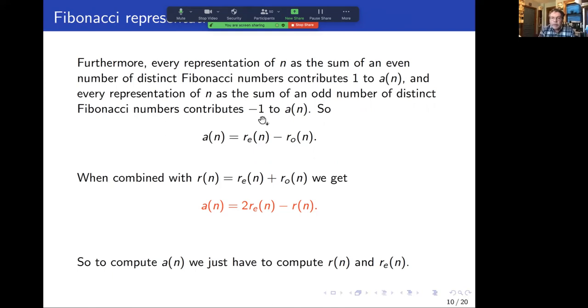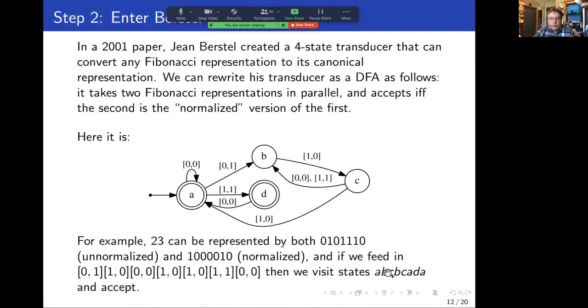So that'll contribute a -1. So A of n is just Re of n minus Ro of n. And now we just combine it with what we previously saw, and we get A of n is 2 Re of n minus R of n. So to compute A of n, we just have to compute these two things: the number of representations of n as a sum of distinct Fibonacci numbers, and the number of representations of n as a sum of an even number of distinct Fibonacci numbers.